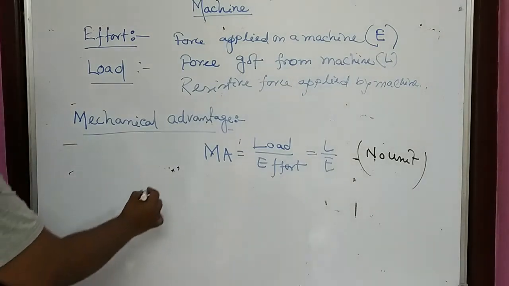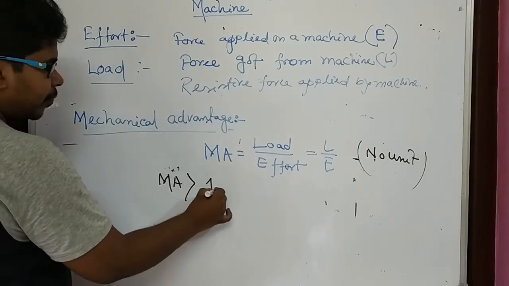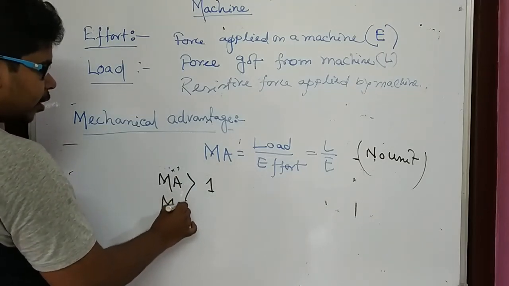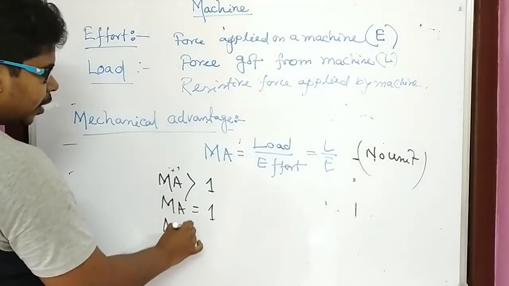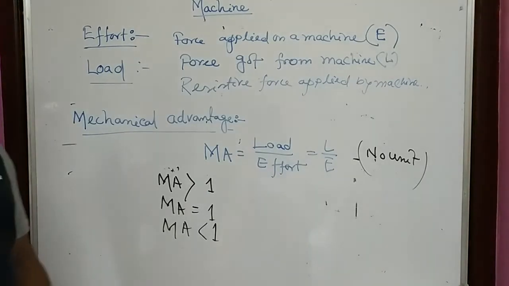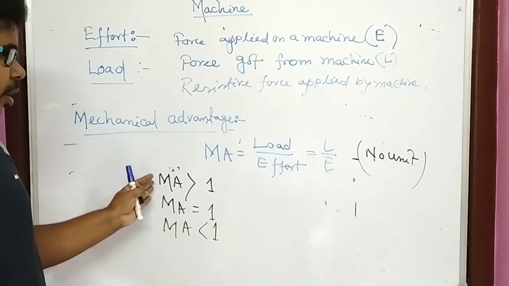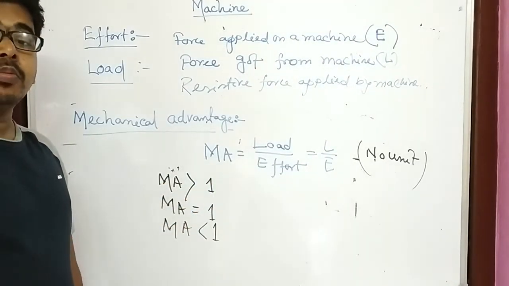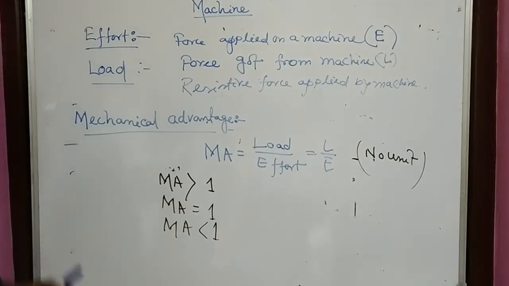For an instrument, the mechanical advantage can be greater than 1, equal to 1, and less than 1 also. Okay, for whatever machines we have seen around us, mechanical advantage can be more than 1, equal to 1, or less than 1.